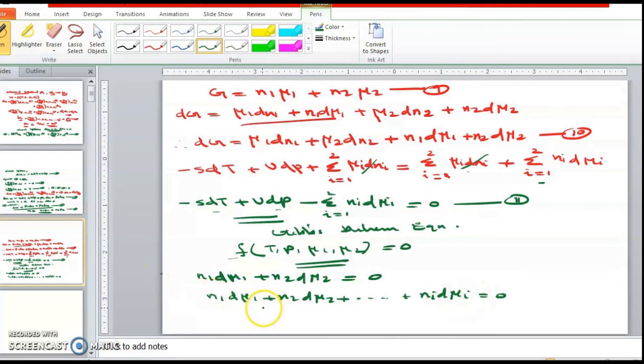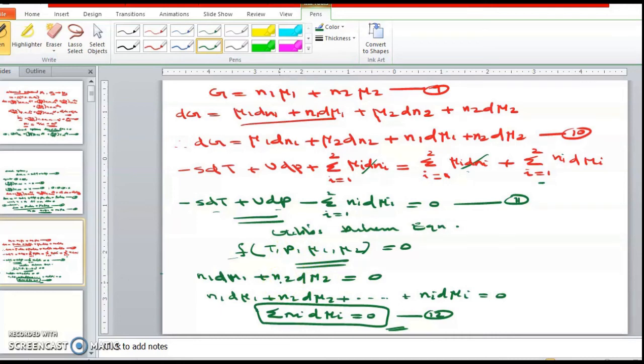Or in other terms we can write sigma n i d mu i is equal to 0 for an isothermal and isobaric process. This is equation 12. This is also known as the Gibbs-Duhem equation, another expression for it when temperature and pressure are kept constant.